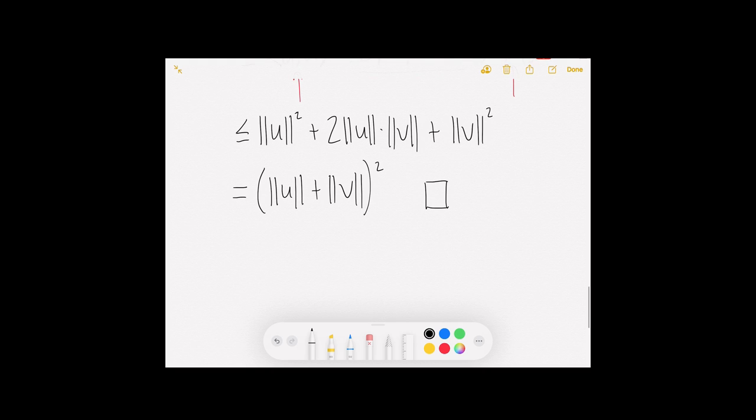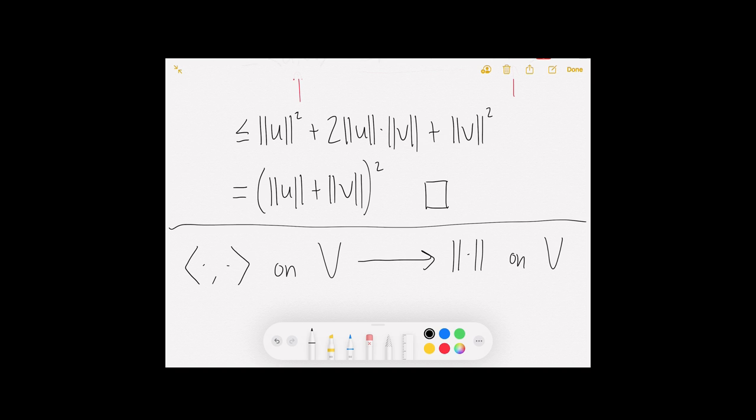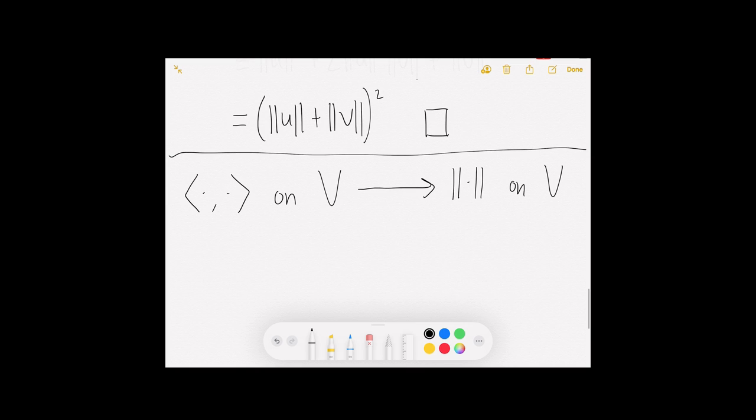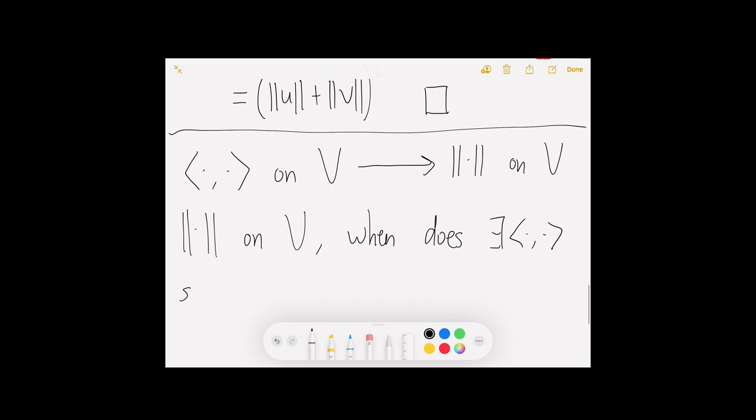An important takeaway is that whenever we have an inner product, we actually get a norm on V. So a natural question to ask is, if we have a norm on V, when does there exist an inner product on V so that the norm of v is going to be equal to the inner product as we've defined it?